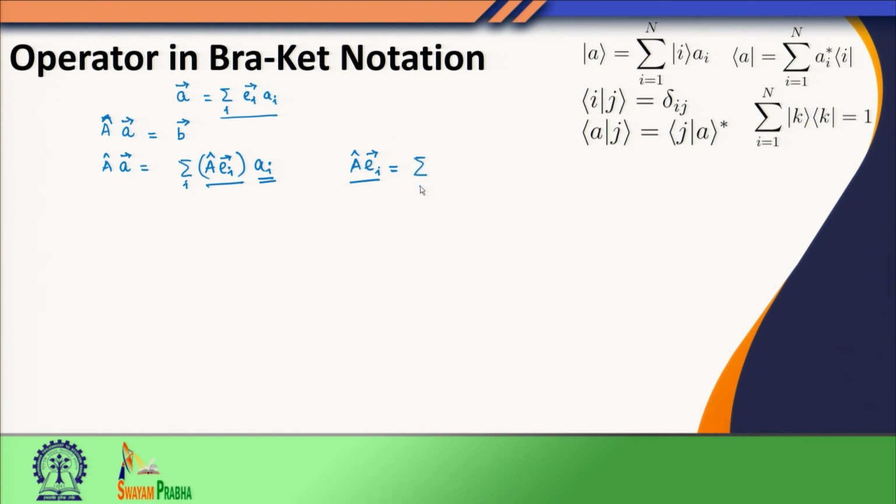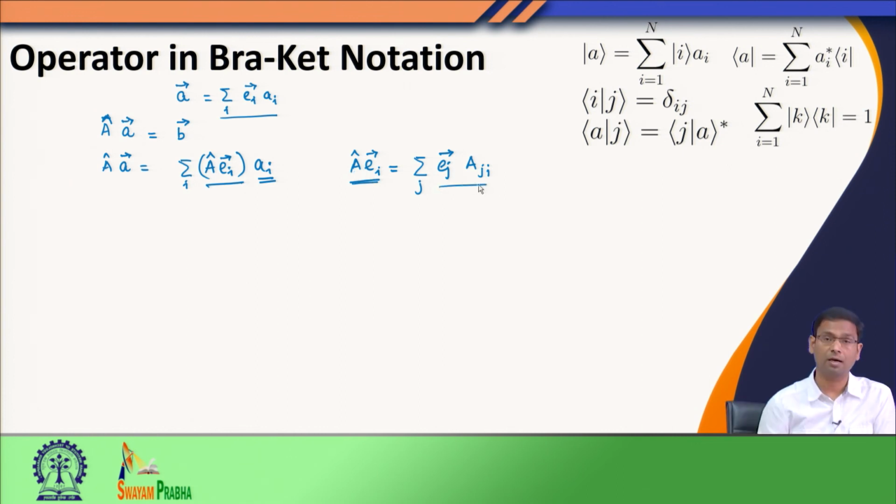I do this by taking a sum over e_j, where e_j are the unit vectors, with some coefficients that I call A_ji. So, now I have defined the action of operator A onto this e_i.